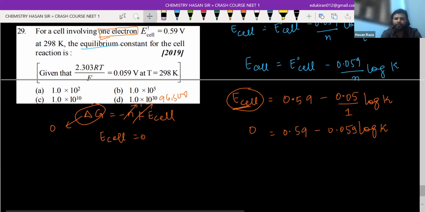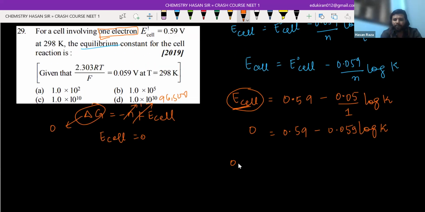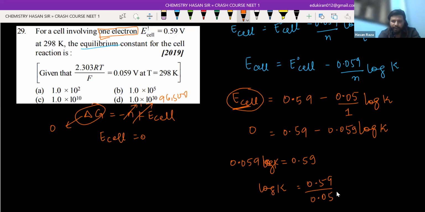So it will be 0.059 log K is equal to 0.59. Basically, log K will be equal to 0.59 upon 0.059.